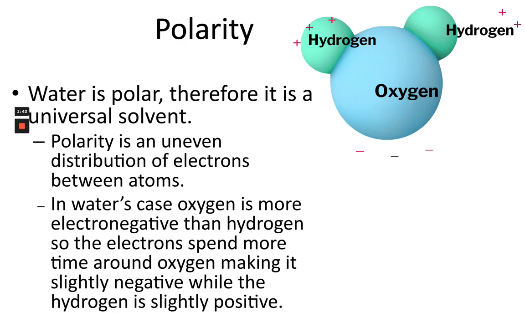So first of all, we need to talk about the fact that water is polar. So remember that polarity is the uneven distribution of electrons between atoms in a molecule. And so if it was truly covalently bonded, the electrons spend an equal amount of time around all the atoms in that molecule.